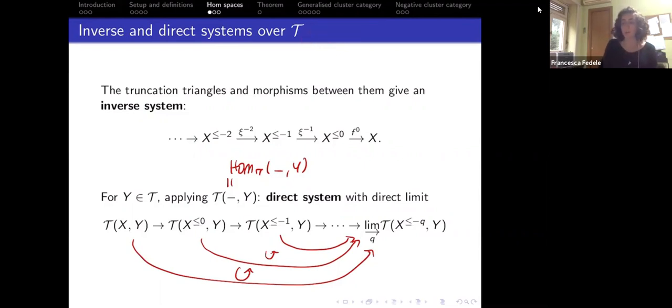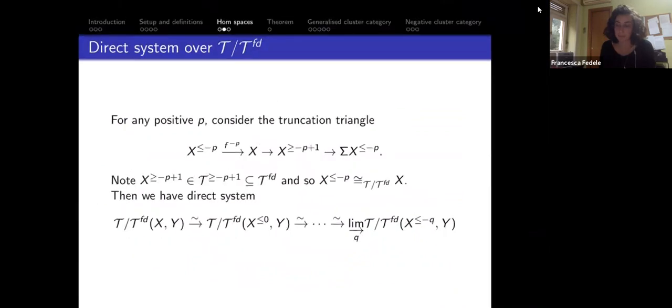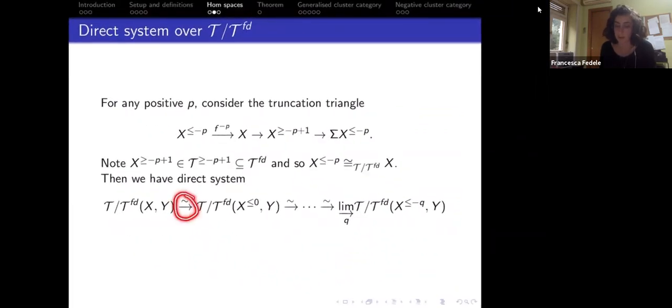So we could view the triangles as triangles in this Verdier quotient, and we can look at the inverse system in T over TFD, and then we can also obtain a direct system over T over TFD instead of over T. And the interesting thing is that if we do that, then we get that everything in this direct system is an isomorphism.